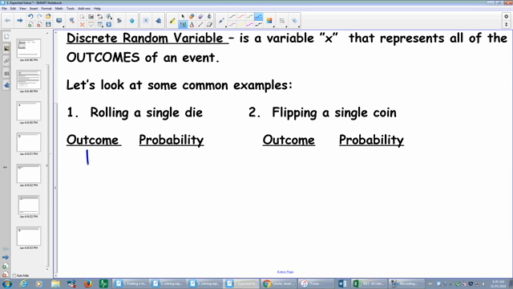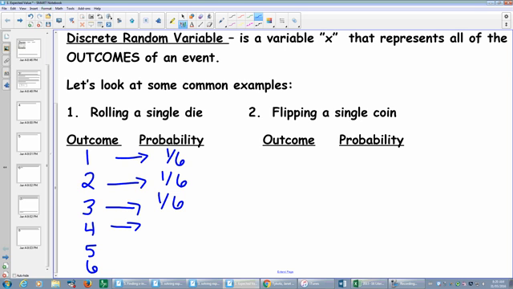I can get an outcome of 1, 2, 3, 4, 5, and 6. Billy, what's the probability of rolling a 1? Pat, what's the probability of rolling a 2? Natalie, 3? 1 out of 6. All of these have a probability of 1 out of 6 when you're rolling them.